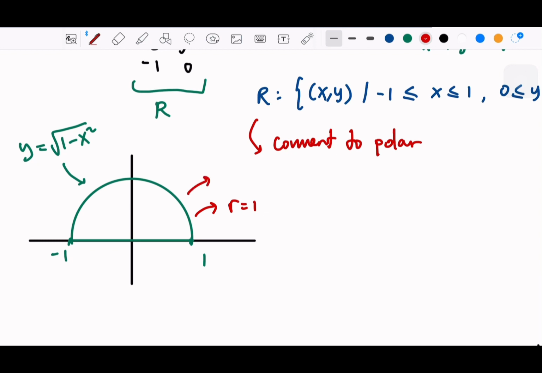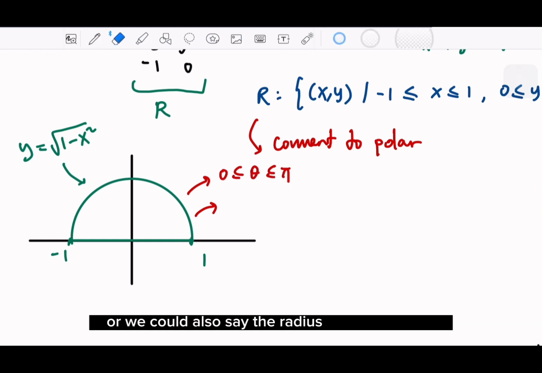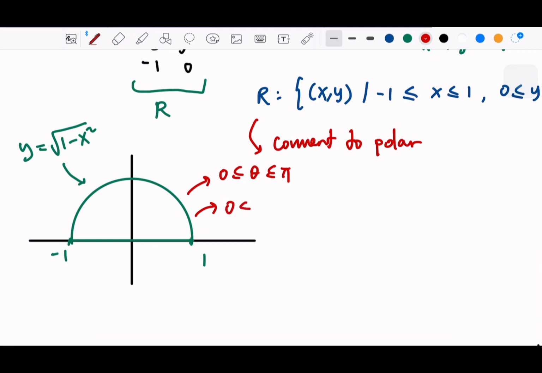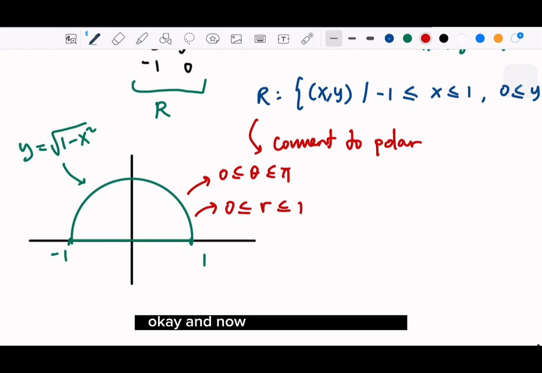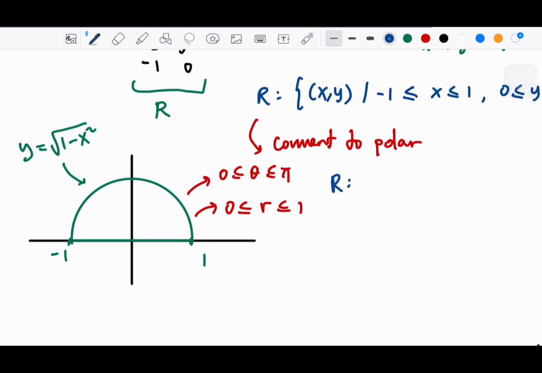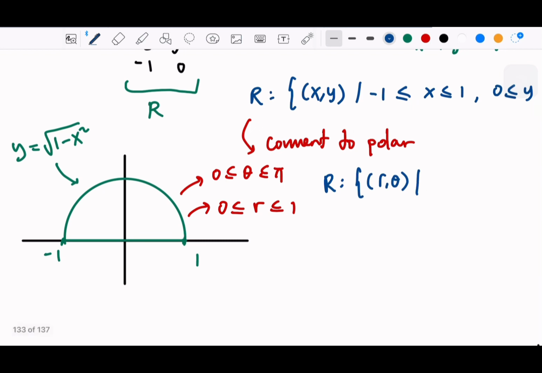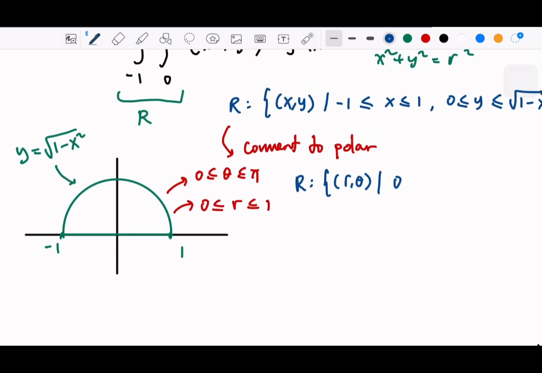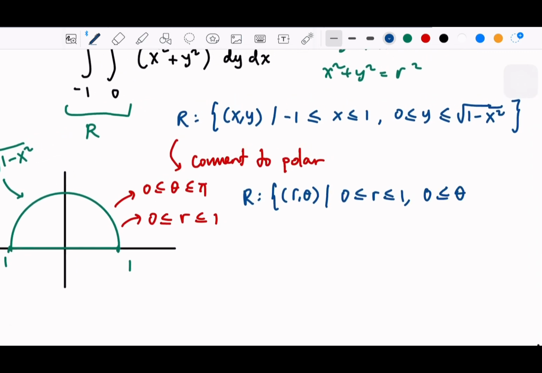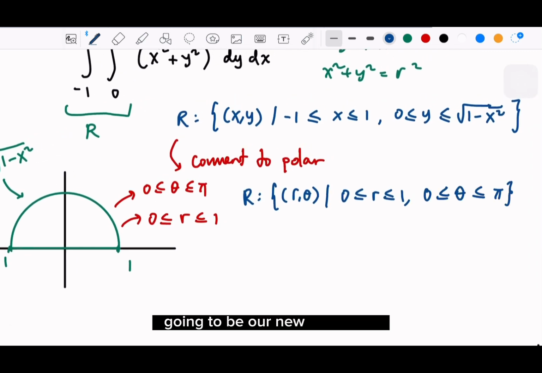Or we could also say the radius is from 0 to 1. Okay, and now we have a new region in r and theta. This is going to be our new limits.